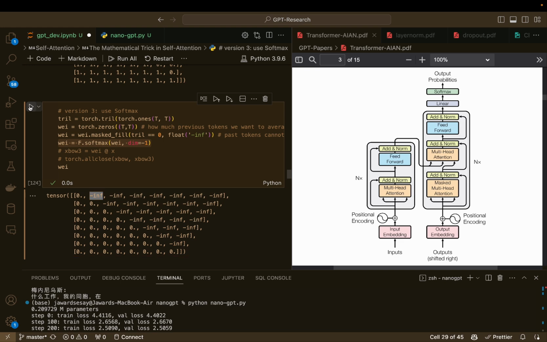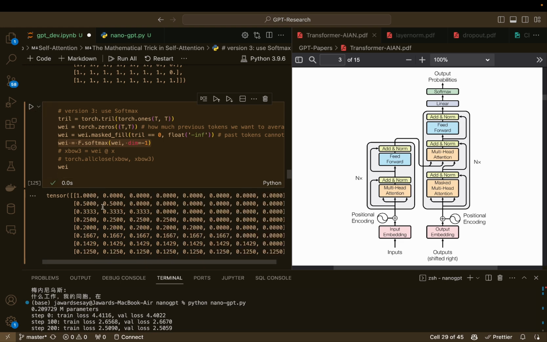If we try to print that, we'll get these values, as you can see here. So softmax just normalizes the matrix in order to get the actual values. Then next we get the output by taking this weighted sum and multiplying it by the input x.